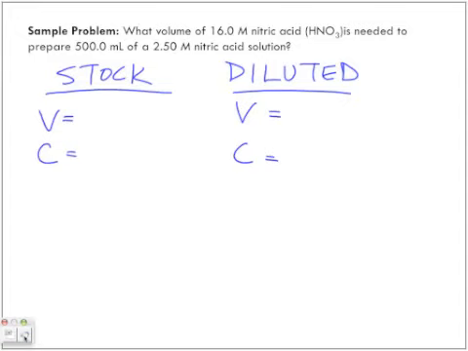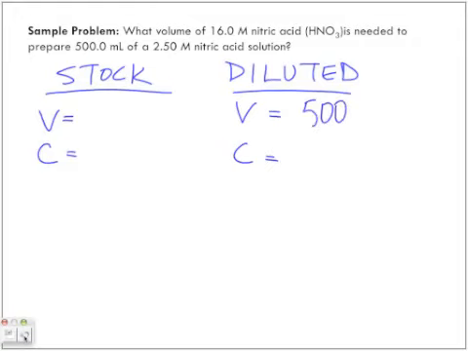So what is the volume of our stock system? Okay, which one's the diluted? Maybe that might be easier. What's the volume of our diluted? The 500.0 milliliters.